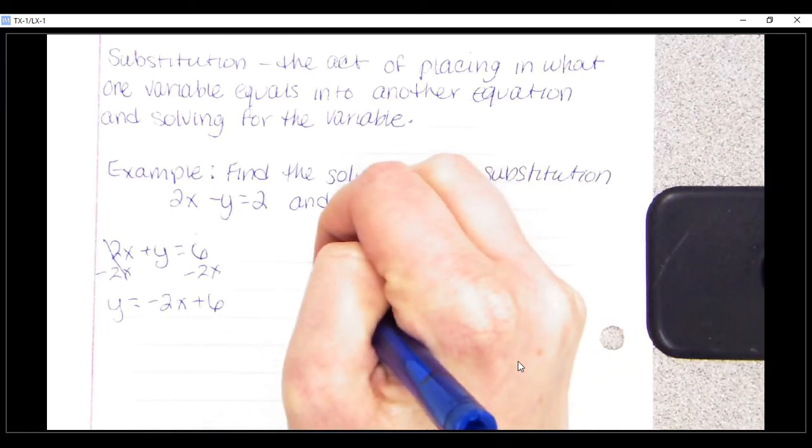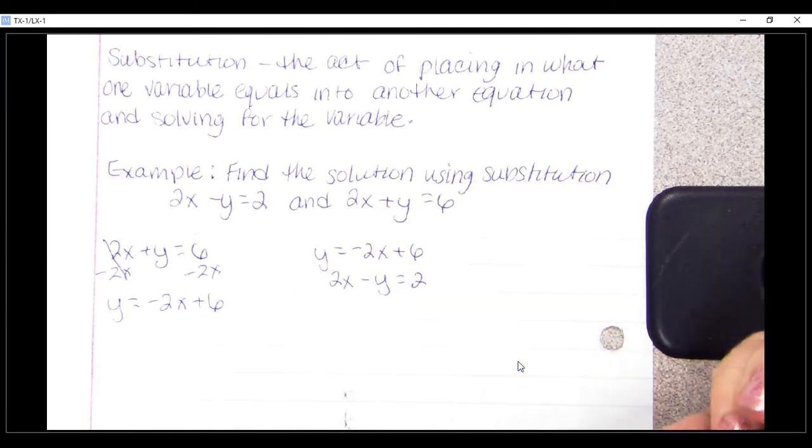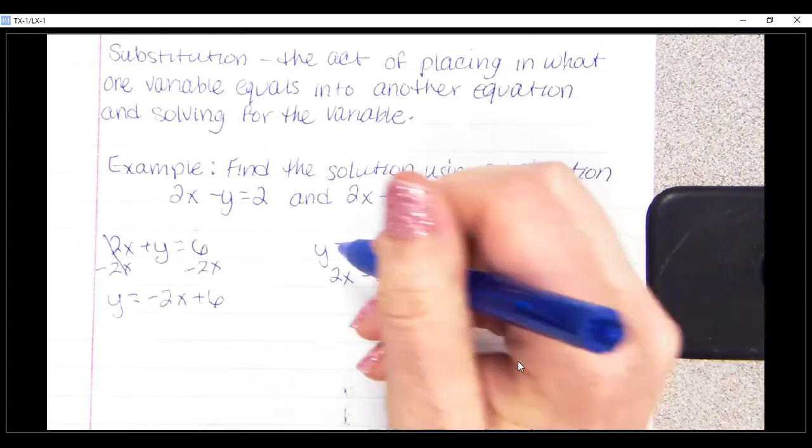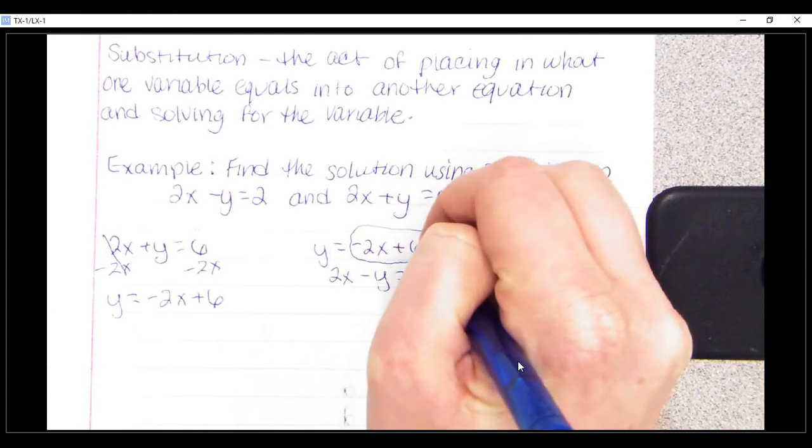Now, what I'm going to do is move on to step 2. And step 2 is plug in what the variable equals into the other equation in place of the same variable. And make sure to put the replacement in parentheses. So I have y is equal to this equation right here.